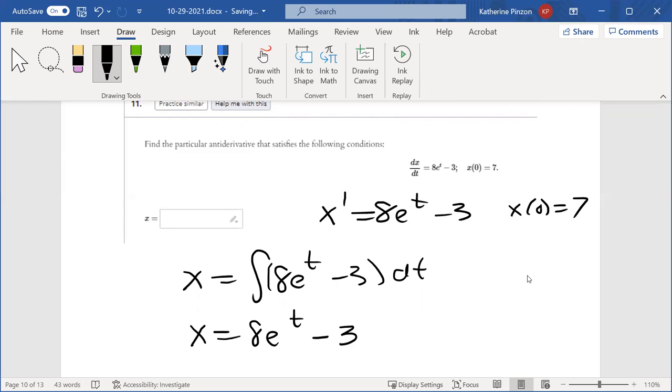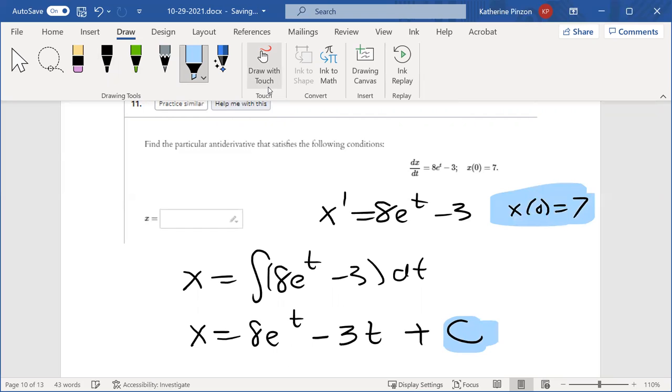3t. 3t because my variable is t, right? If I put an x there, then I've got x on both sides and life is sad. Okay, plus c. How am I going to find c? Yeah, when t is 0, x is 7.